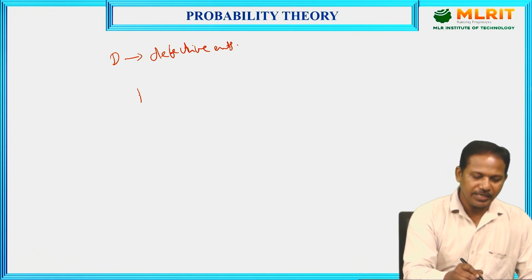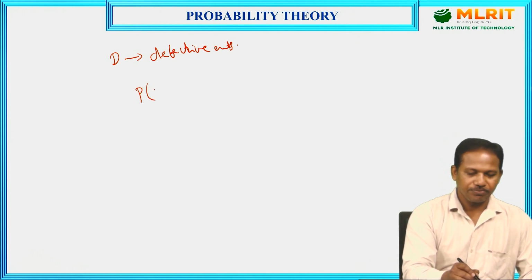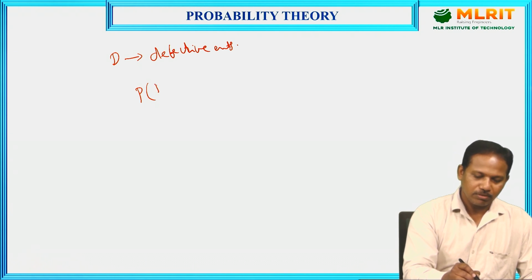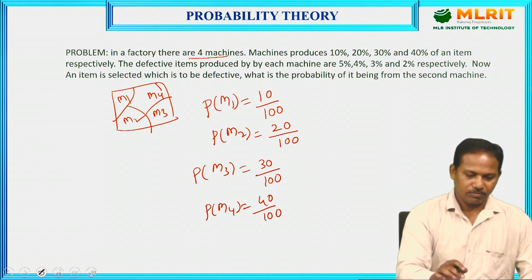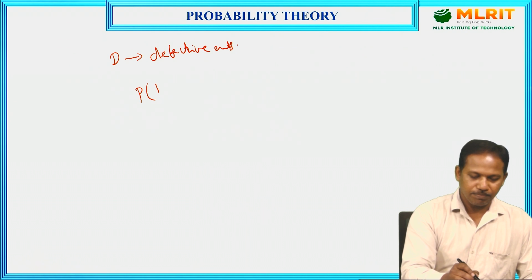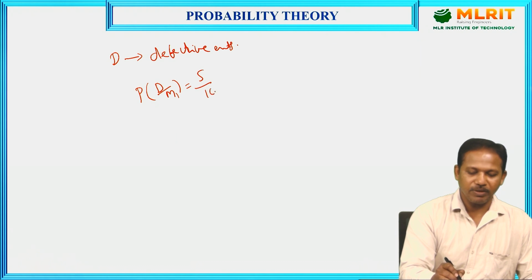So I need to write P of D by M1, which is 5 by 100.